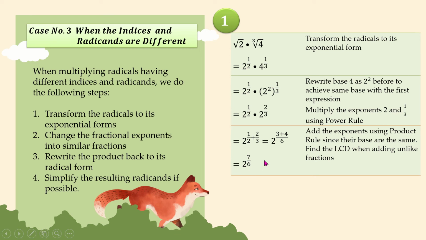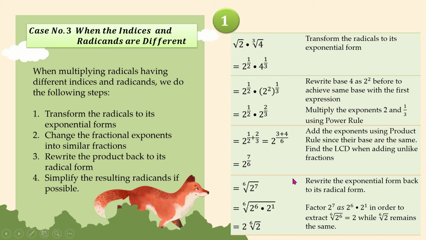So, we go back to writing it in radical form. We write the exponential form back to its radical form. Base 2, exponent is 7, the index is 6, same as the example number 2 in case 2. We do not get the exact value of 2 exponent 7. Rather, it is factored out as 2 exponent 6 times 2 exponent 1.